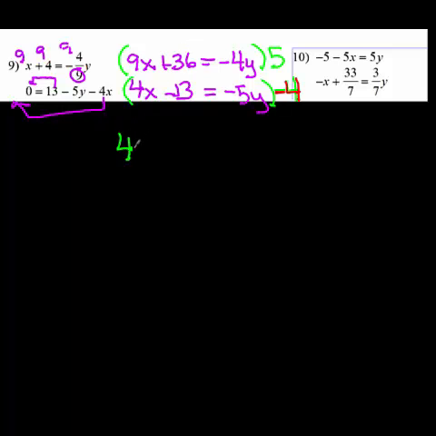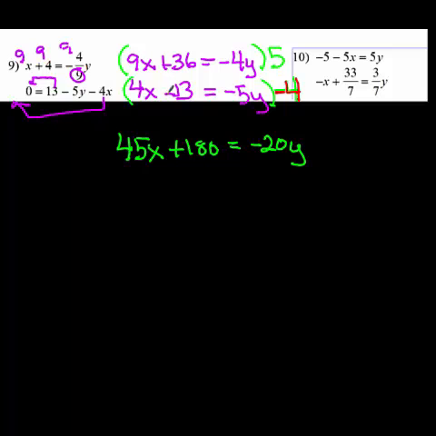So on the top, we're going to have 5 times 9 would be 45x. 5 times 36 would be +180. And that would make -20y.